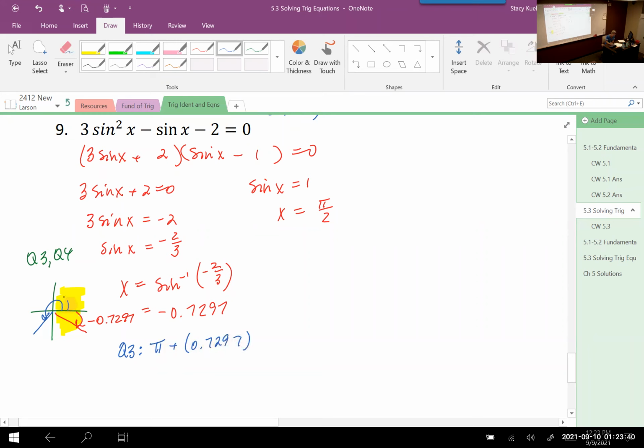And what will I do to get the positive angle in quadrant 4? 2 pi minus my reference angle. We're already using the calculator with decimal values, so use the pi symbol from your calculator and tell me what you get.